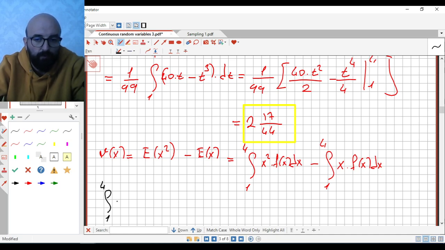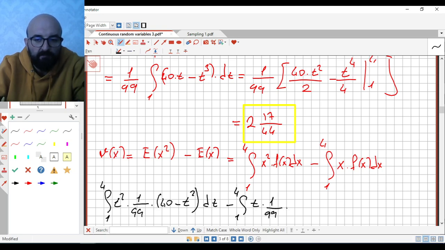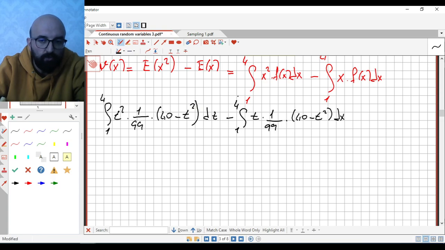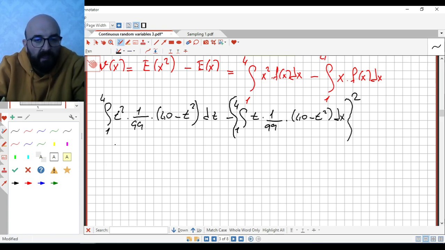From 1 to 4, t square multiplied by our function 1 over 99 multiplied by (40 minus t square) dt, and from 1 to 4, t multiplied by our function 1 over 99 multiplied by (40 minus t square) dt. Okay, and we should use the expectation value square for finding the variance.